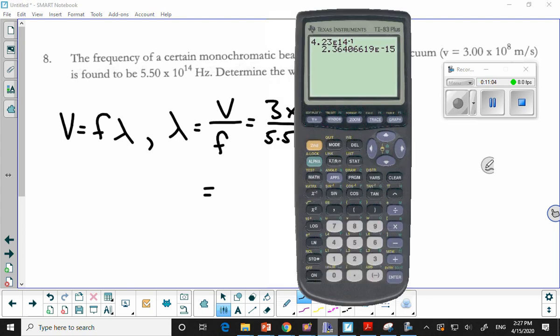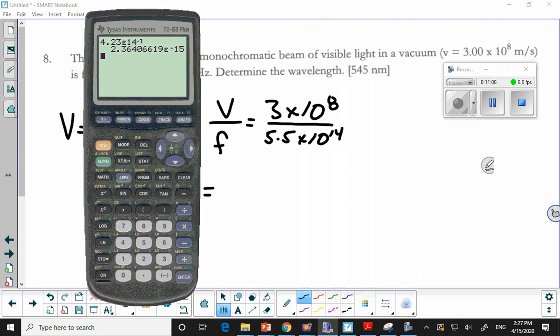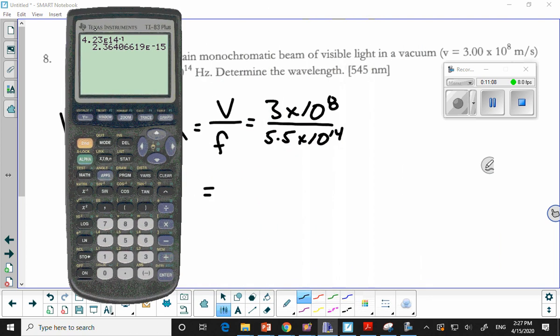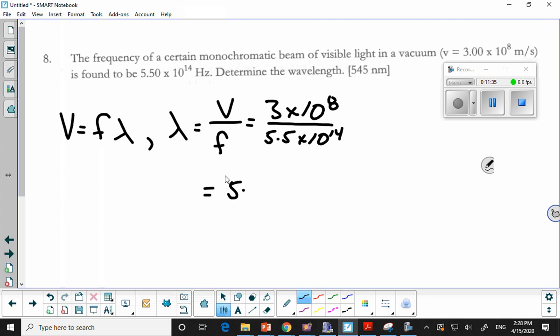Punch that into our calculator: 3, second, exponent 8, divided by 5.5, second, exponent 14. Enter. 5.45 times 10 to the minus 7 meters.